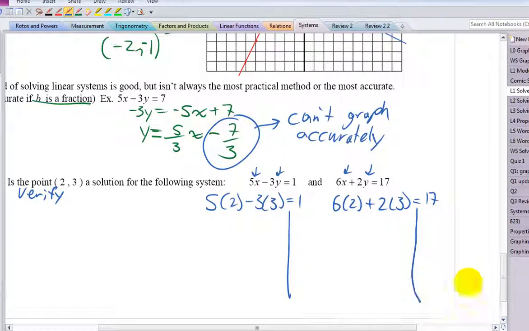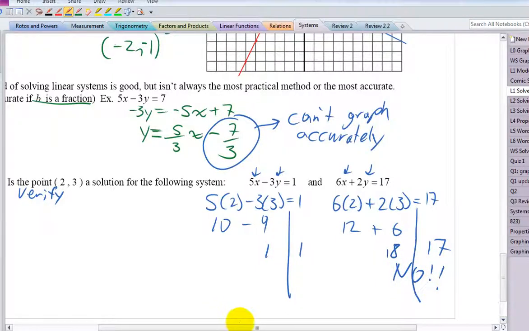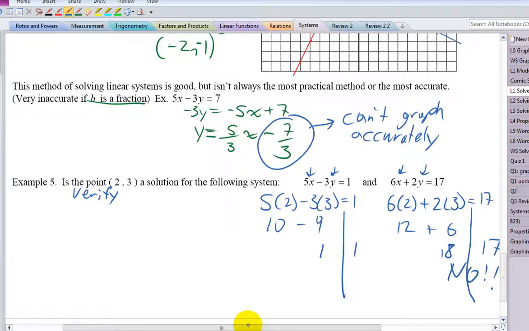So doing your own math, 10 minus 9 is 1. So it looks like this might work out, but don't stop yet. Here we get 12 plus 6, 18 and 17. So this is no. So is this point a solution?